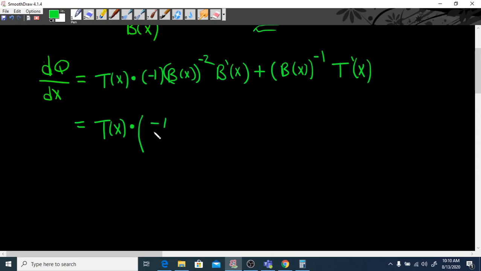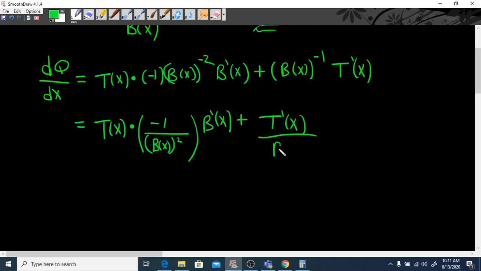This is going to be -1 over, using properties of exponents, b squared, like that, and then times the derivative of b, and then plus t prime, the derivative of the top, over the bottom, because we have the property of exponent there, -1, so we're going to take it downstairs, and that exponent's going to become a +1. Okay, so let me just rewrite this in a little neater way.